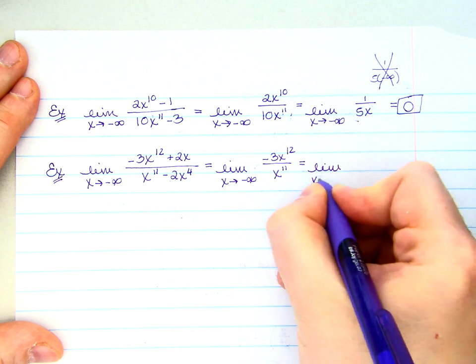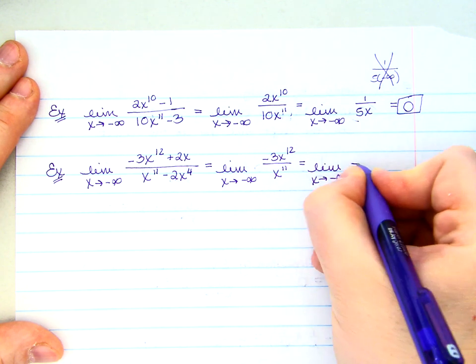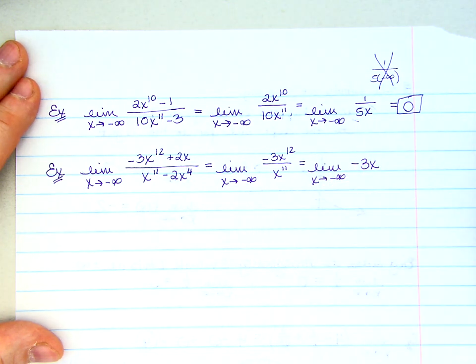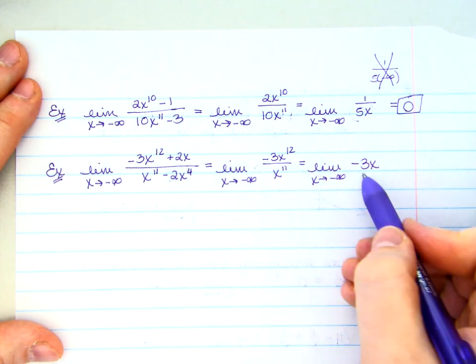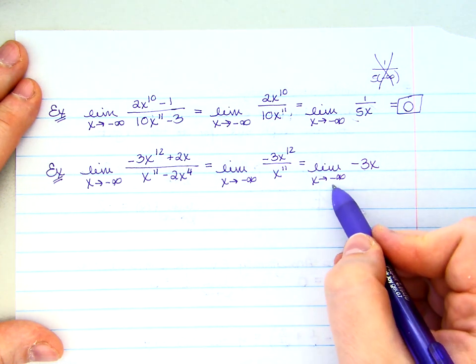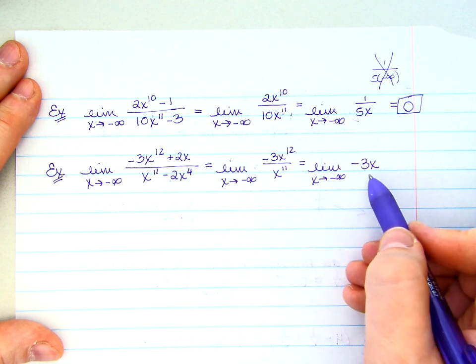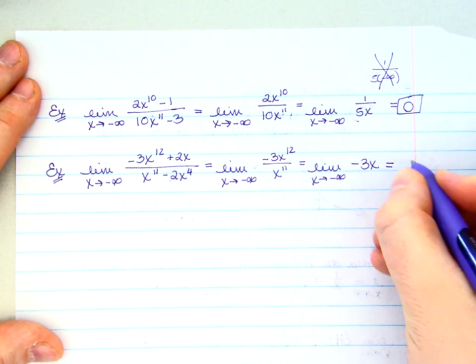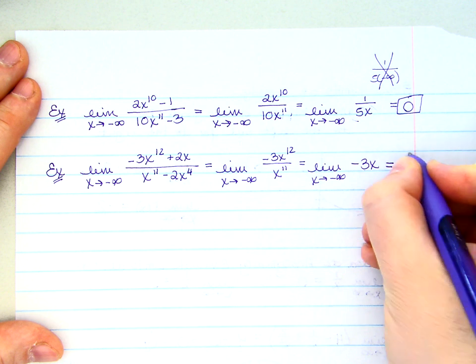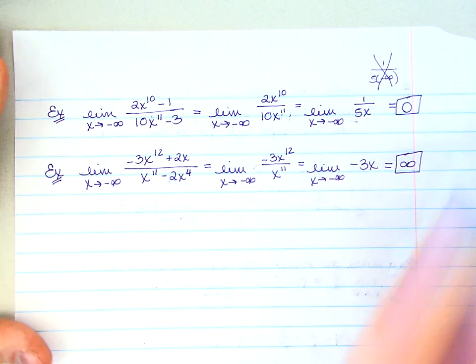After looking at the limit of the ratio of the leading terms and simplifying, we're getting negative 3x. Negative 3 times a negative huge number. Well, a negative times a negative is a positive. You plug in a huge number, you're going to get a huge number. Your answer should be positive infinity.